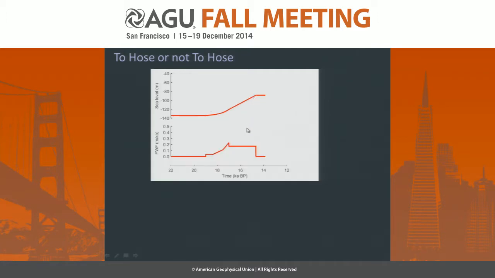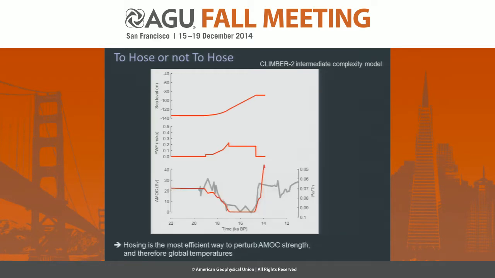I took the red one, took the derivative, which is the freshwater flux forcing, and we forced the Climber 2 simple model, which is a 2D ocean basin model, with the same thing. And what we got is pretty much the same thing, it matches what protactinium-thorium says.